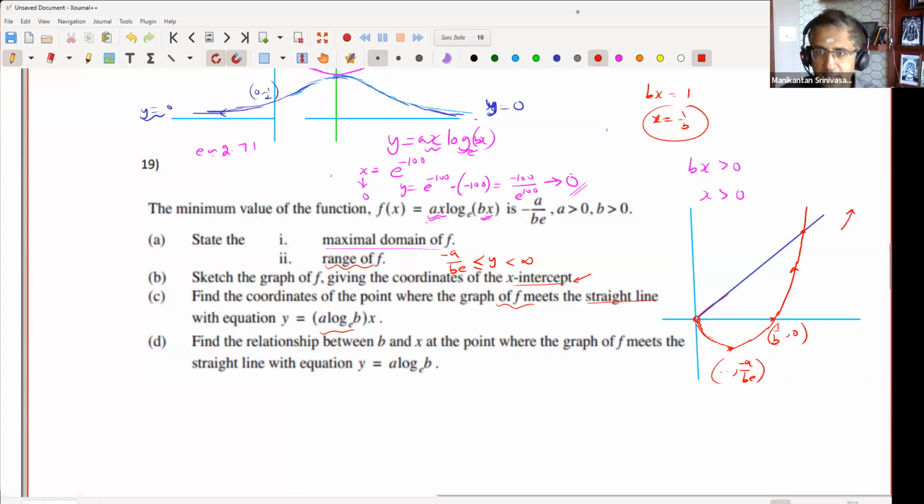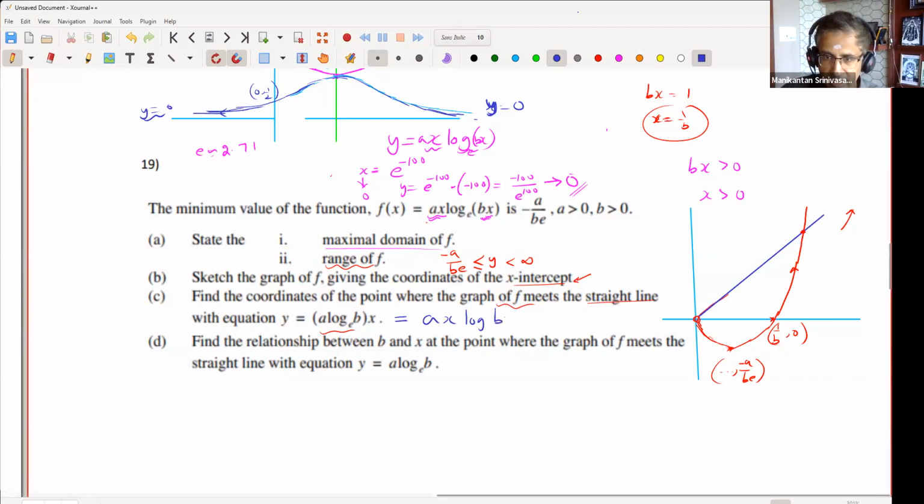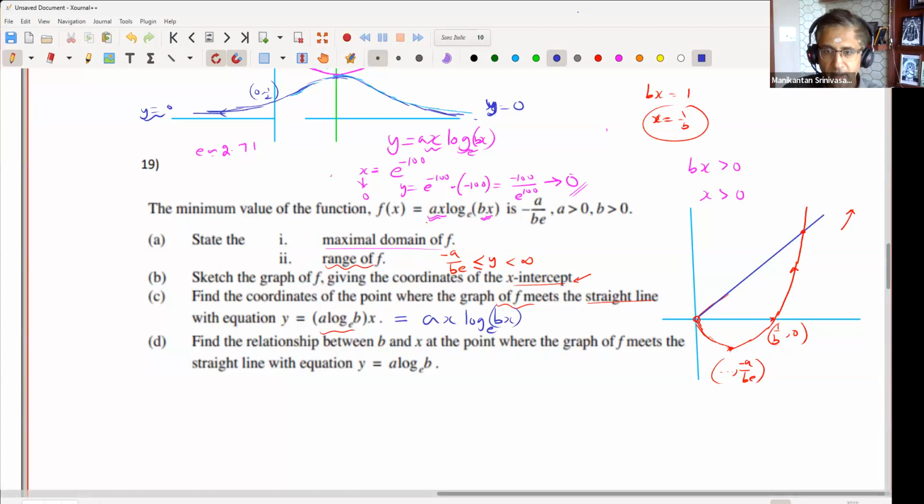So we are going to set this equal to ax log of bx to the base e. Now a gets cancelled, and it doesn't take too long to visually see that when x equal to 1, this happens. When x equal to 1, the right-hand side is 1 times log b.